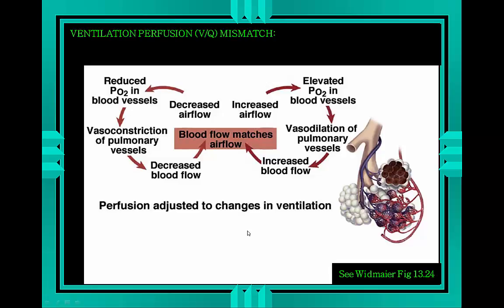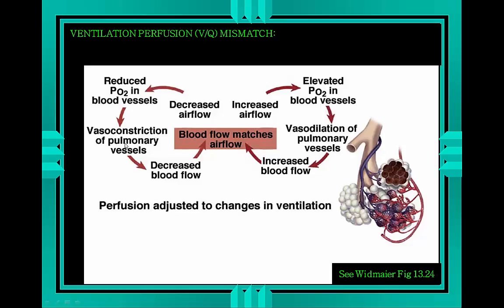If we have a situation where the airflow to part of the lung, and let's look at the left-hand side of this diagram, which I took from Widmaier, figure 13.24, or a diagram like it, if we have an area of the lung that has decreased airflow, so if this airflow is compromised due to damage, then obviously less fresh air travels to those alveoli, which causes a reduction in the amount of oxygen and an increase in the amount of carbon dioxide in the alveoli, and hence the blood vessels travelling to them.